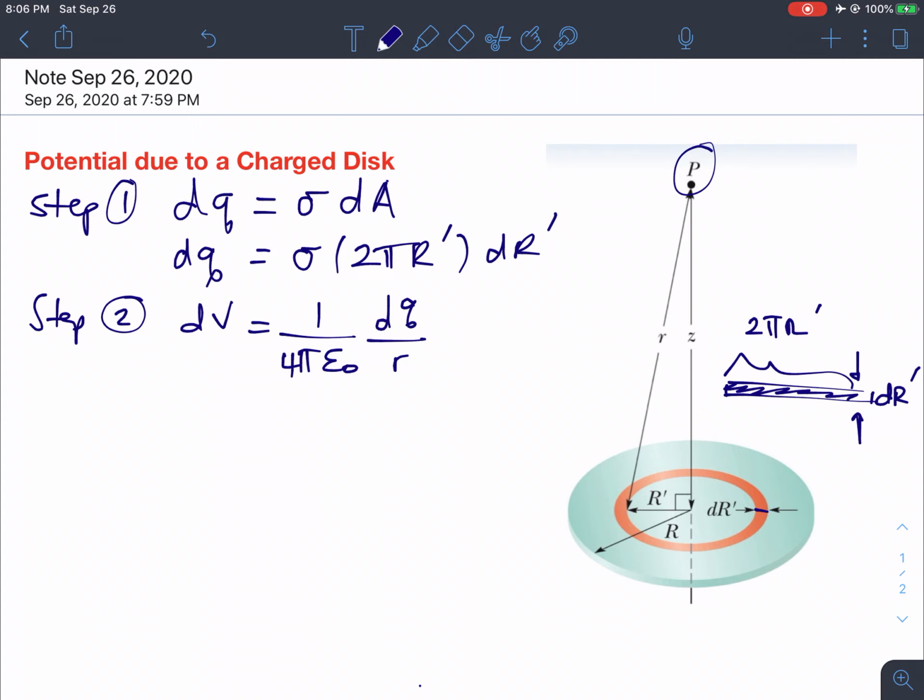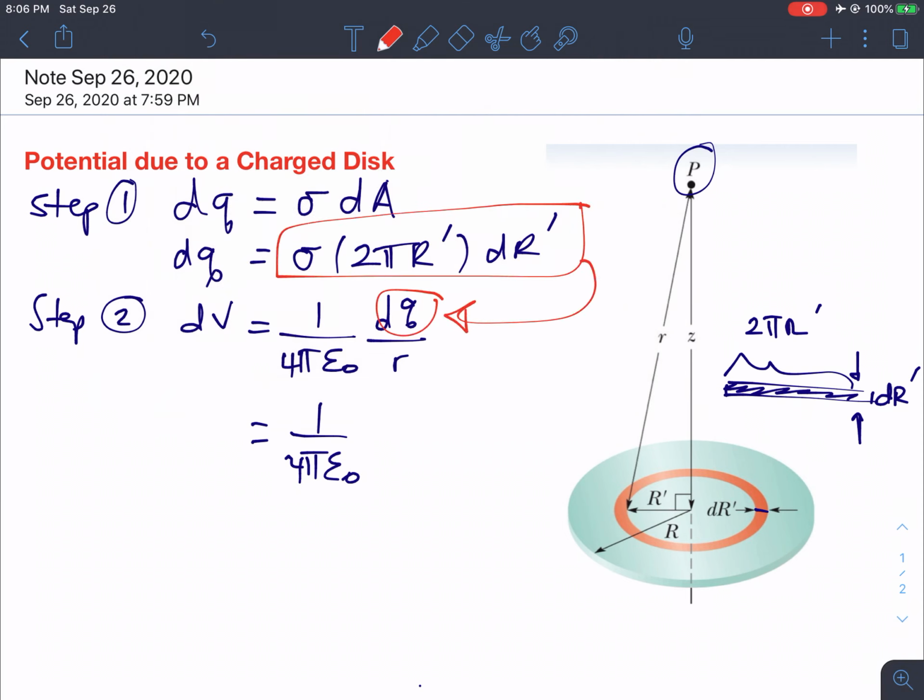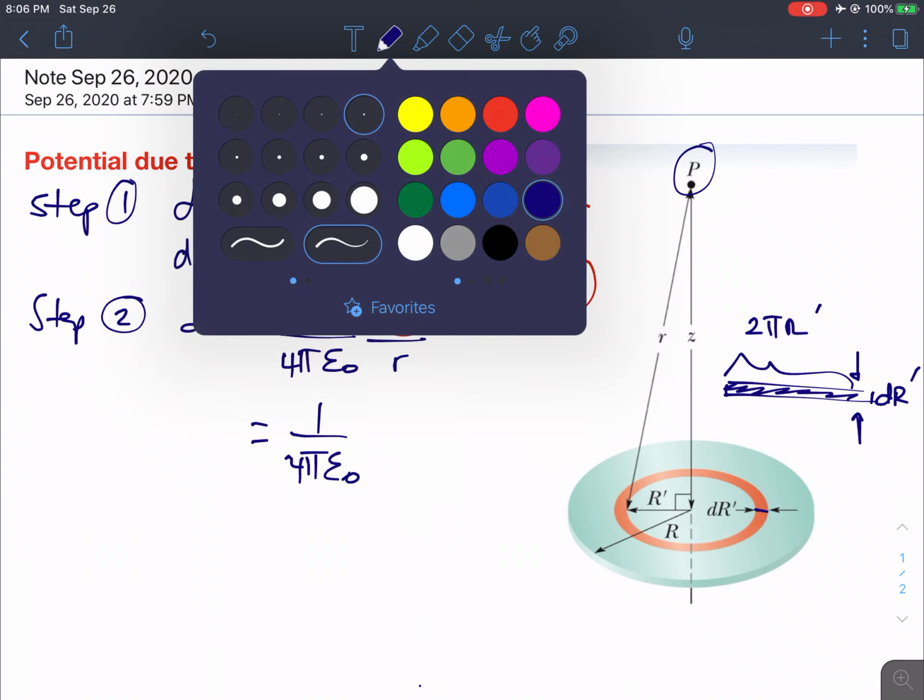If you write a dq, then you're going to get dV, not just V. So that's the change we make. And then that's equal to, again, 1 over 4 pi epsilon naught. And on the right side, we have that dq, so we're just going to substitute that. Let's do that.